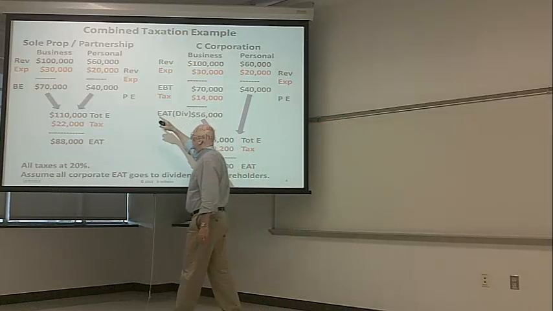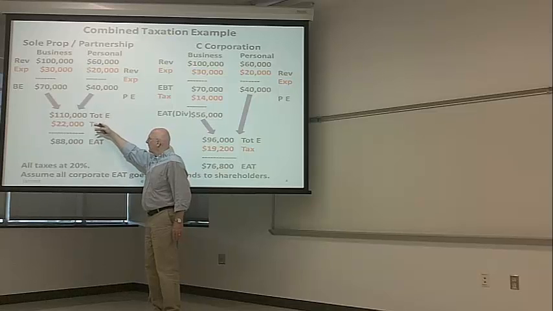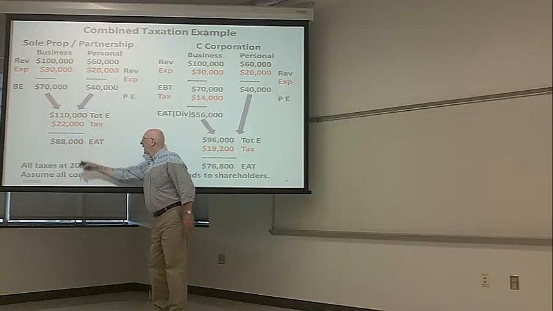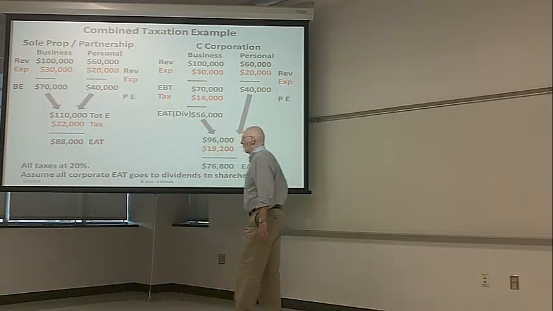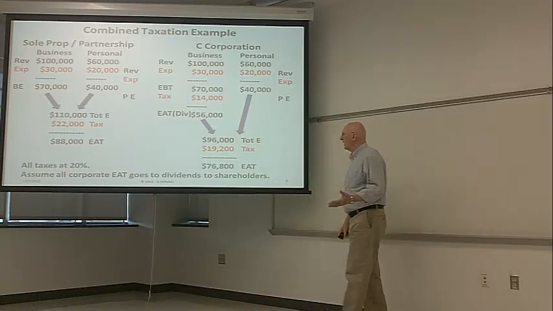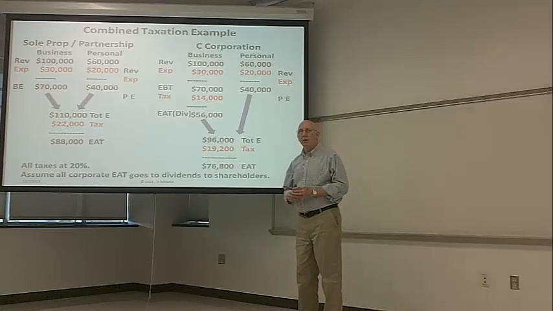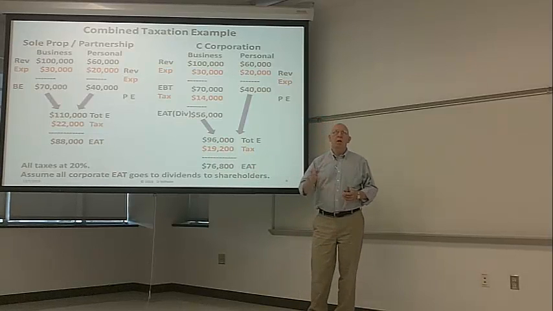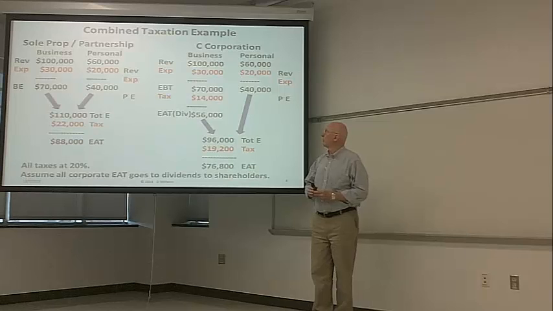On this side, we just add them together, get our tax rate, and what's left is $88,000. Once again, all the taxes are 20%, and 100% of the corporate earnings after taxes goes into dividends to the owners.